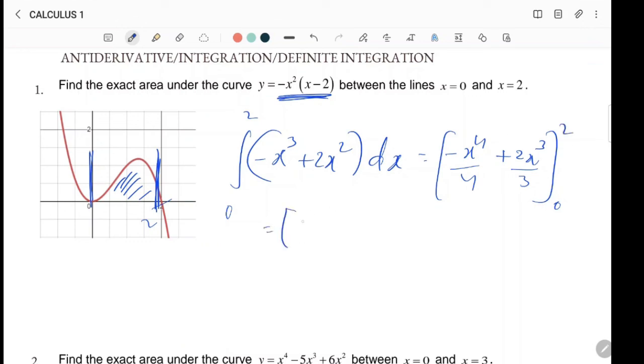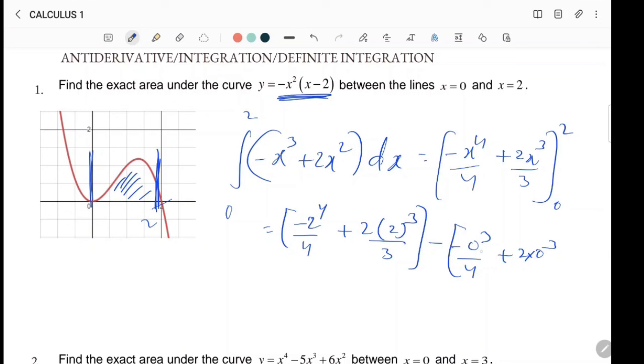Put first the upper limit 2: minus 2 to the power 4 over 4 plus 2 times 2 cube over 3, this is the upper limit, right? Minus 2 to the power 4 over 4 plus 2 cube over 3, minus now the lower limit 0: minus 0 cube over 4, plus 2 times 0 cube over 3.